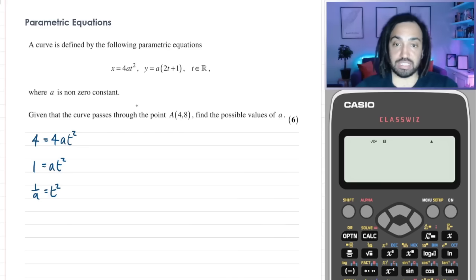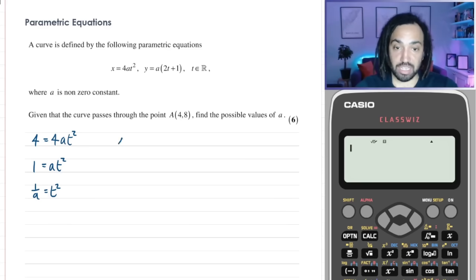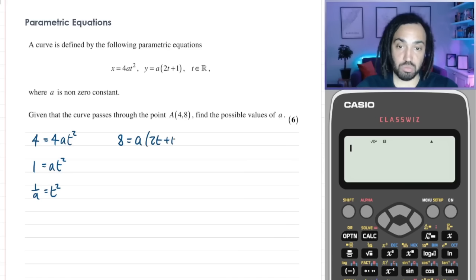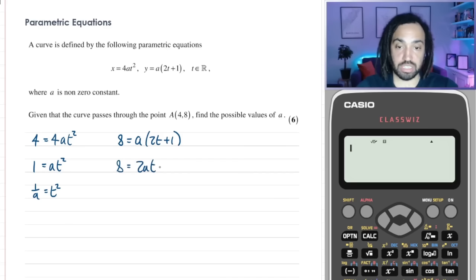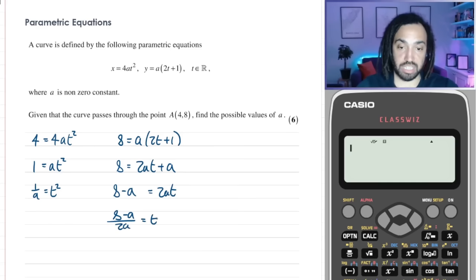Let's leave it like that, and let's sub 8 in over here. So we get 8 is equal to a(2t plus 1). Let's multiply out like so. Let's try and make t the subject. So we get (8 minus a) over 2a is equal to t.